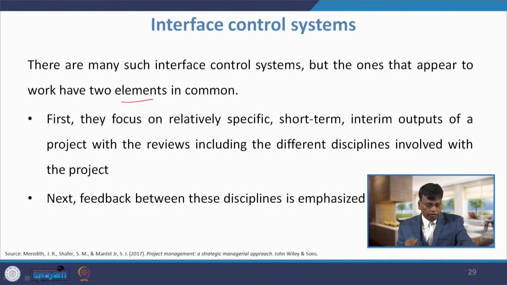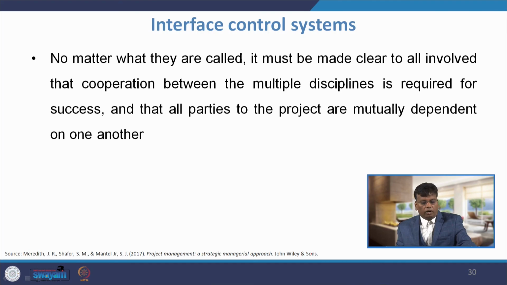The next is that the feedback between these disciplines is emphasized. So, no matter what they are called, it must be made clear to all involved that cooperation between them is a very important term. The cooperation between the multiple disciplines is required for success, and all parties to the project are mutually dependent on one another.